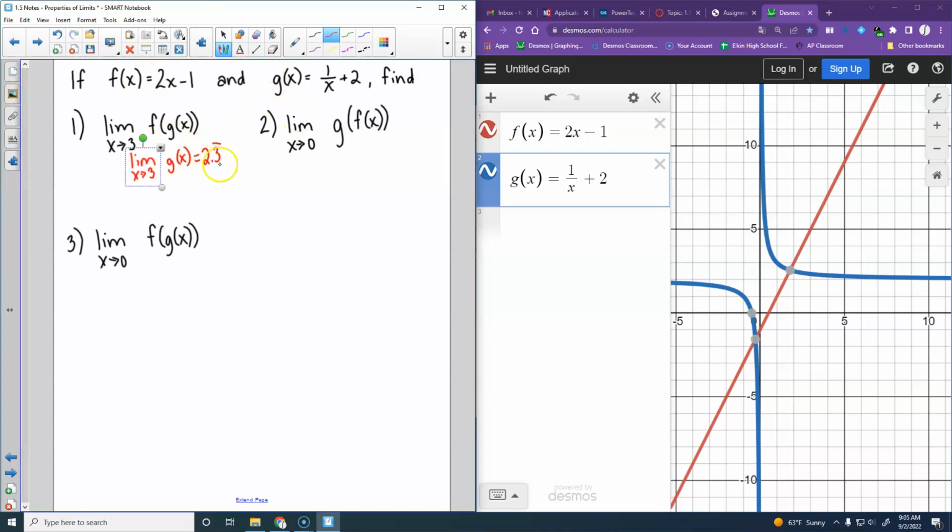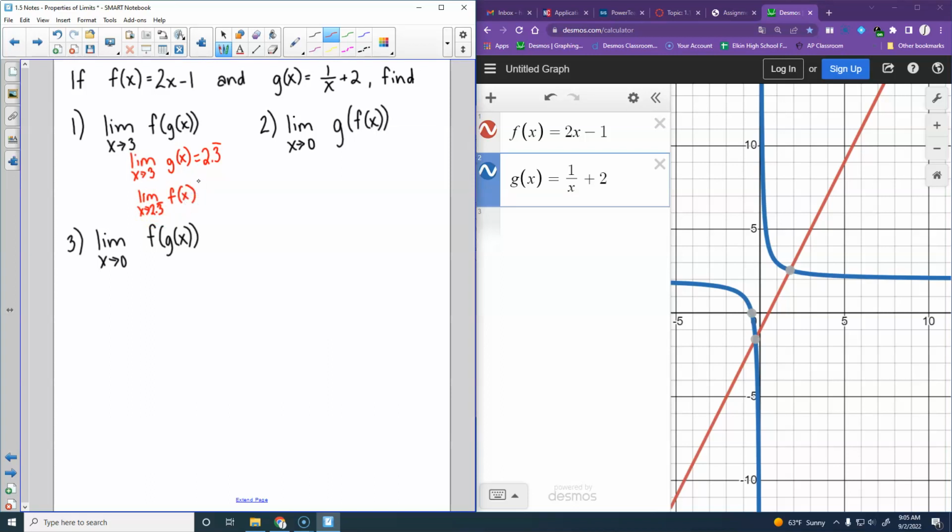Now, that means that we've got to look at where f, so now we're thinking the limit as x approaches 2.3 repeating of our f of x.